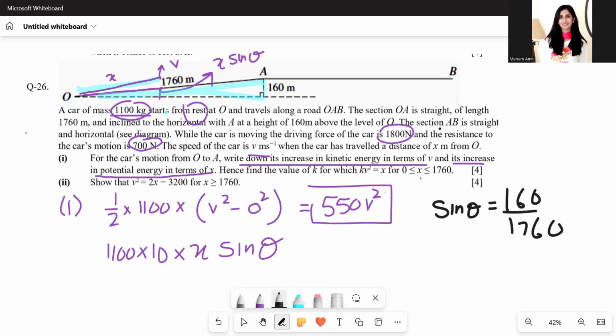We get 1 by 11. So we're going to write 1 by 11 here. And this becomes 1100 times 10 times 1 by 11, which is 1000X, which is the increase in potential energy.